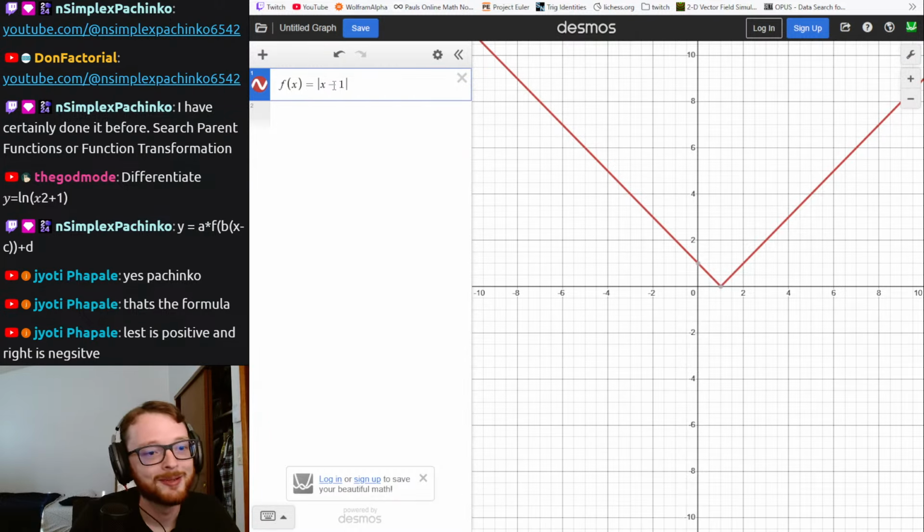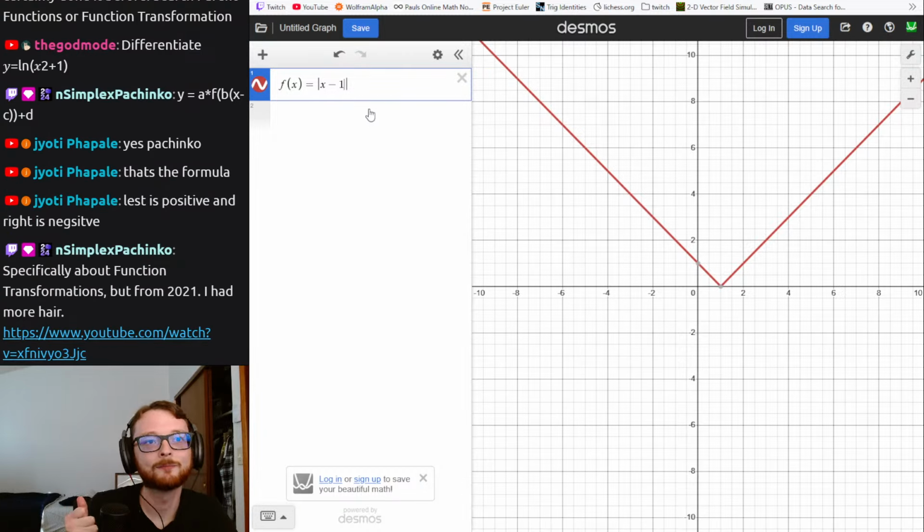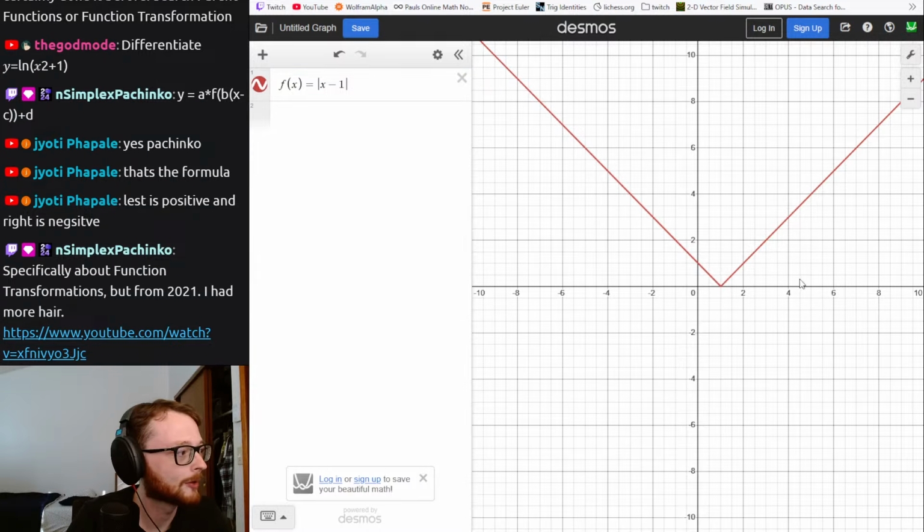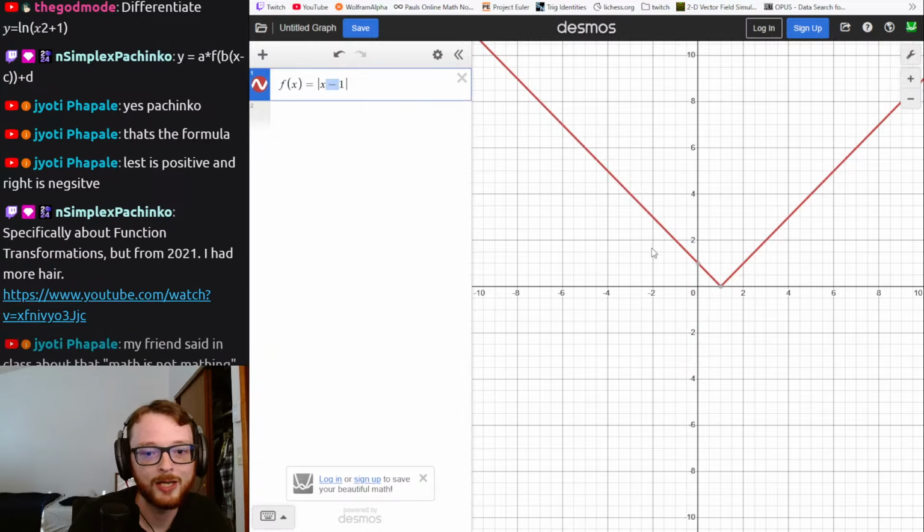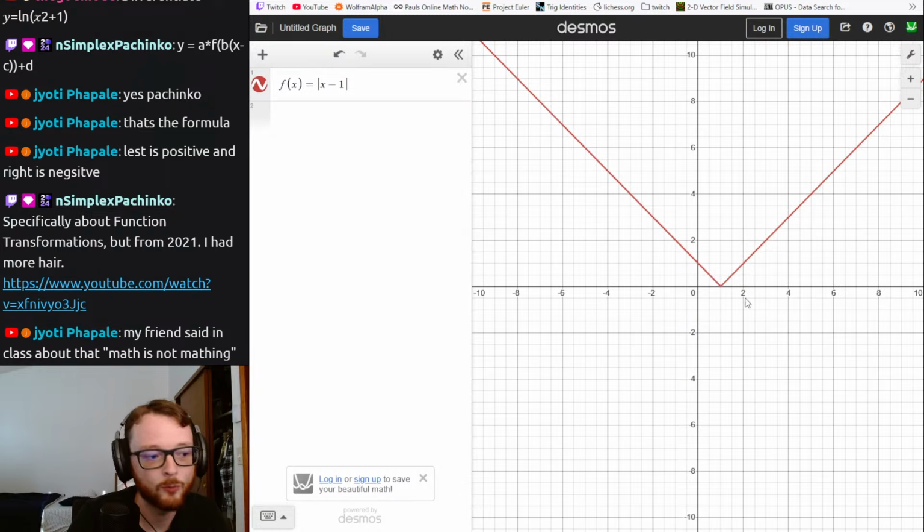But yeah, so everywhere you see an x, you just subtract 1, and that would be a right shift by 1. And so I think of it as, in a horizontal direction, our x's represent all the horizontal values here. And so by subtracting 1, we're just offsetting everything horizontally by 1.